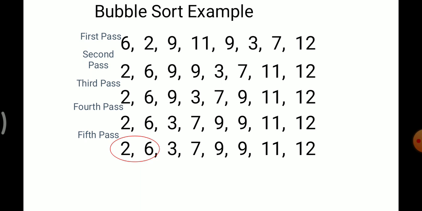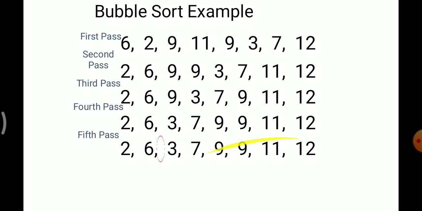Now in the fifth pass, 2 and 6 are compared. As 2 is smaller than 6, there is no need of the exchange of their positions.